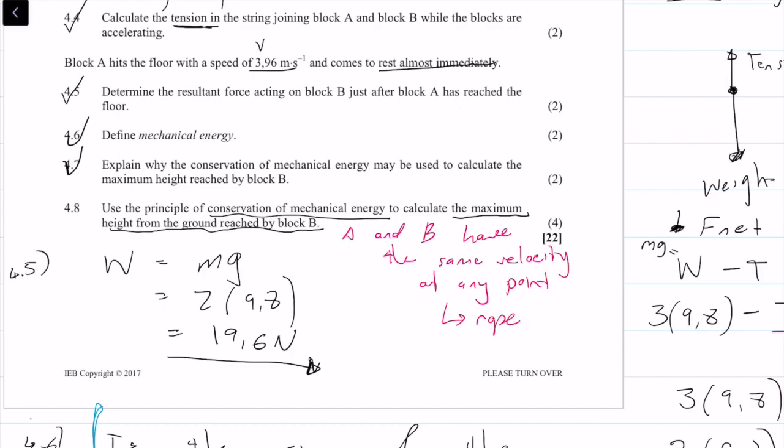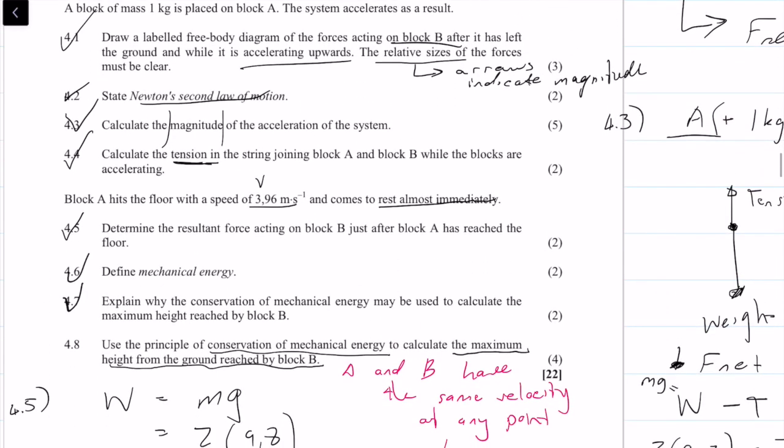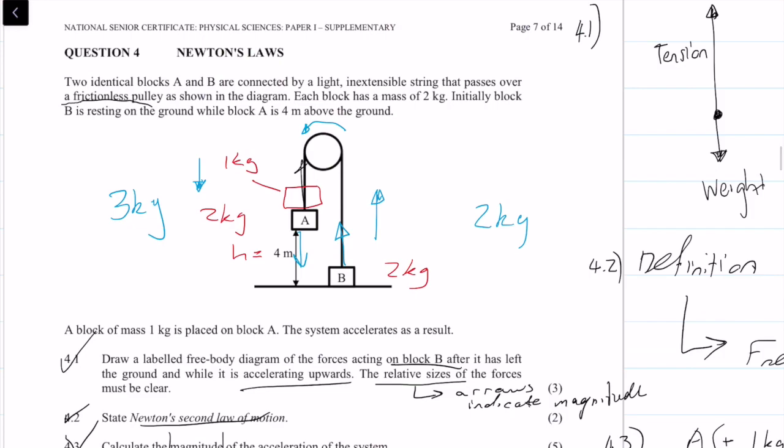So if you try this at home, connect 2 things by a rope. If you pull one side, the other one will move at the same velocity. So what we know is that when A hits the floor, it has a speed of 3.96. So when A hits the floor, its velocity equals 3.96.